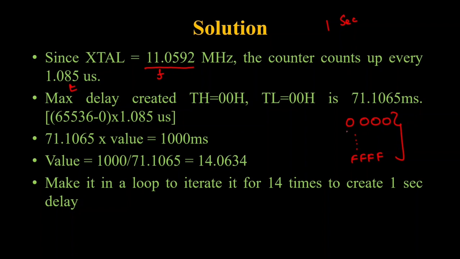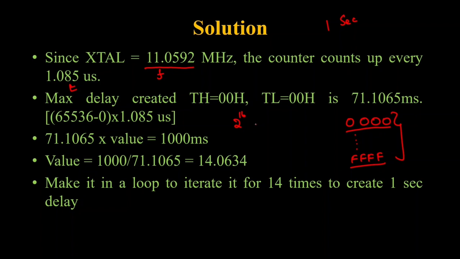The minimum count it can start at is 0000. So counting from 0000 to FFFF, that is 65536, which is 2 to the power 16, as it is a 16-bit timer.